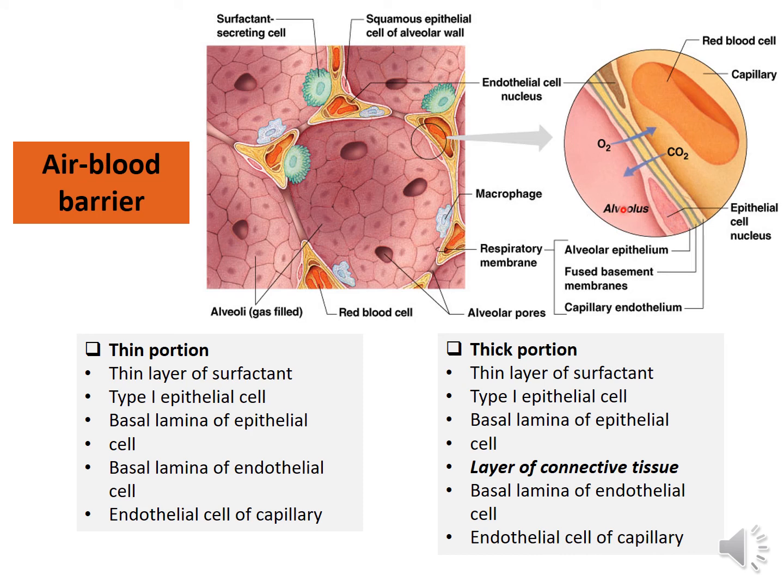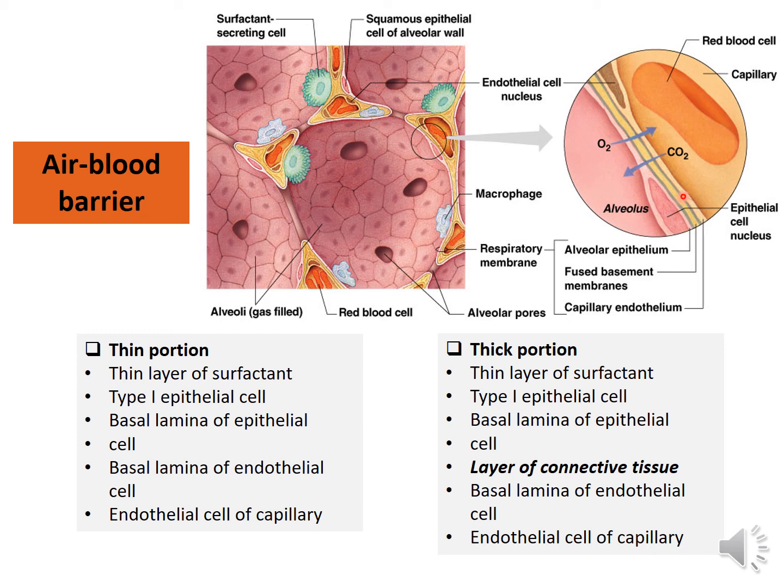Here you can see the air-blood barrier. We can trace from the alveolus towards the pulmonary capillary. First, you can see the coating of surfactant on the surface of the type 1 epithelial cell. Then you can see the type 1 epithelial cell, then its basement membrane or basal lamina.